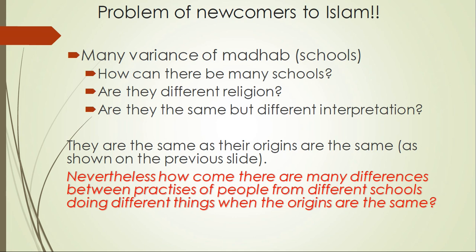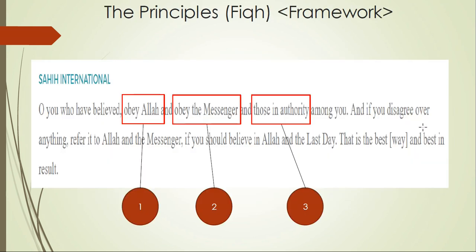The answer would be they are obviously of the same origin, but they are different because they belong to different schools, where jurists or faqih of different school form their own opinion over certain issues. Okay, the issue is not number one and number two.